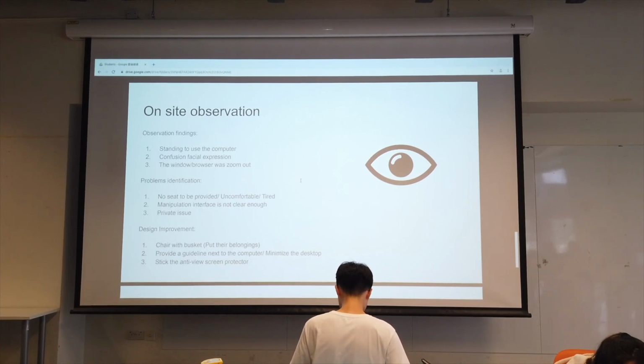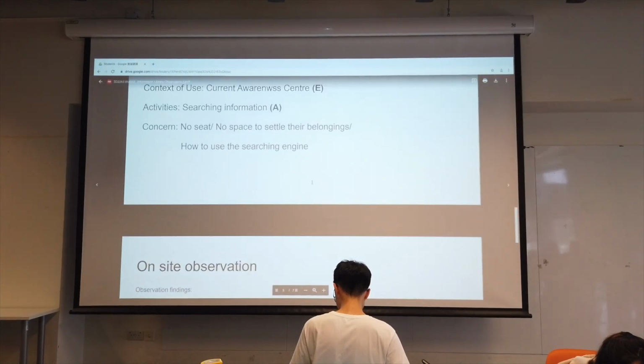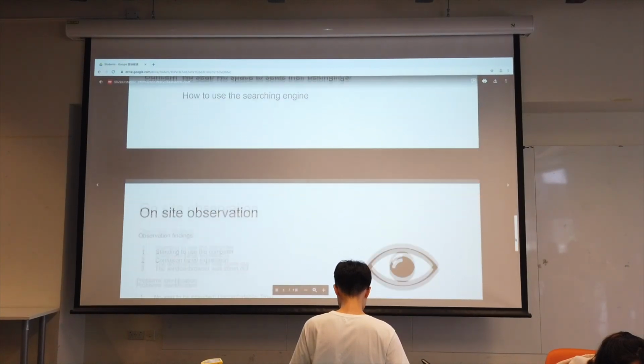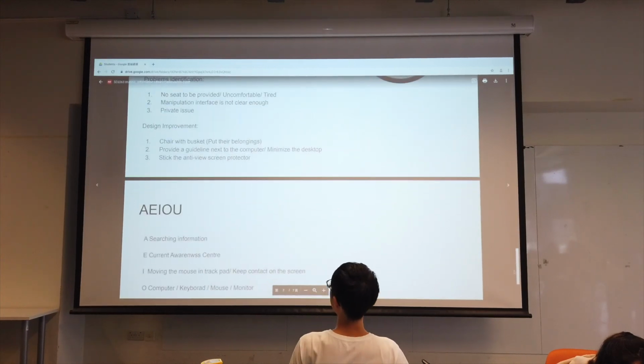And maybe we can stick on an anti-view screen protector to protect the users' privacy, so others can't see what they are searching. That's all?